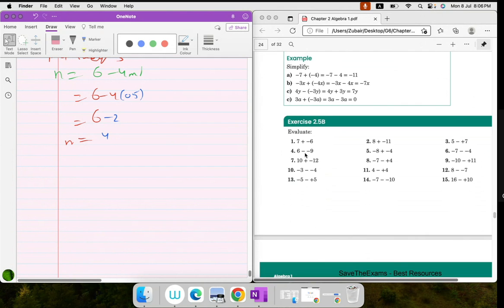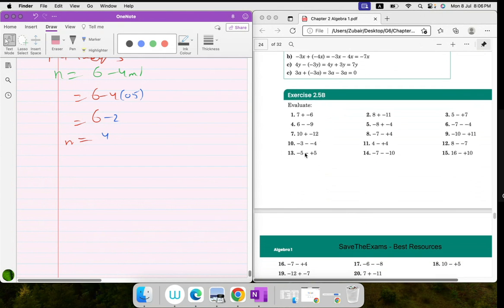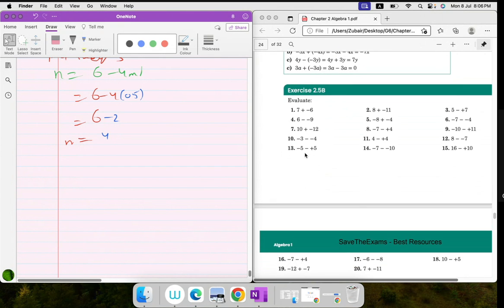After that, we have these simple numbers. Yes, sir. Let us try a few random and then we'll move on to elimination. 7 minus 6 is 1. 8 minus 11 is minus 3. 10th, this will be minus 3 plus 4, so minus 1.